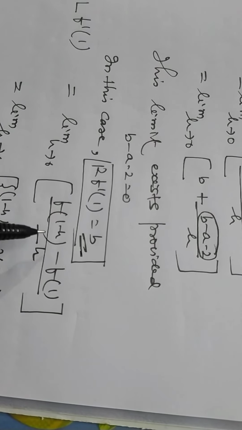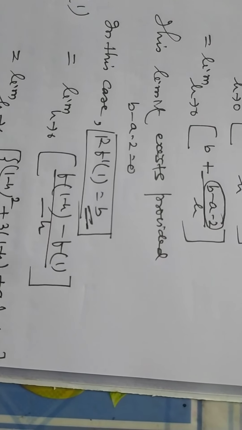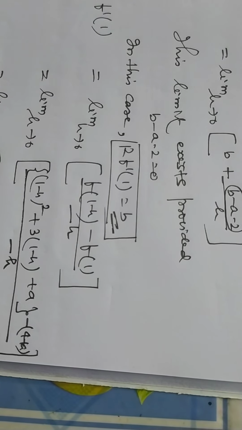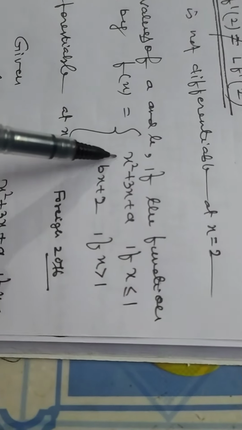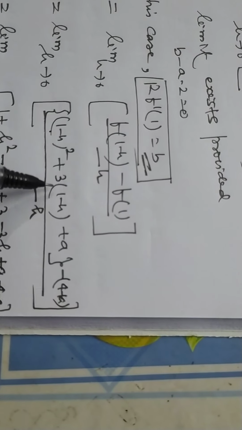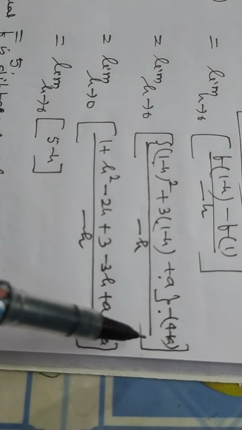Limit h tends to 0, f(1 minus h) minus f(1) by minus h. And the value of the function at less than 1, try to understand. The value of the function at less than 1 is equal to what? x square plus 3x plus a. Now we put the value here: (1 minus h) square plus 3 into (1 minus h) plus a minus (4 plus a) by minus h.